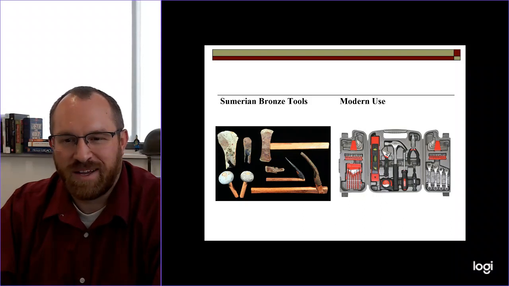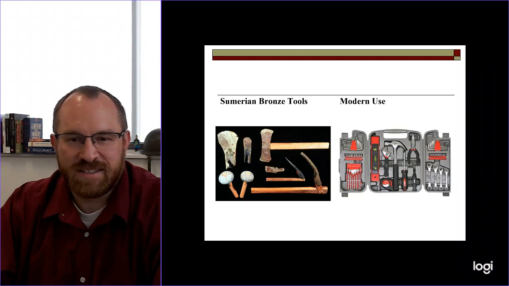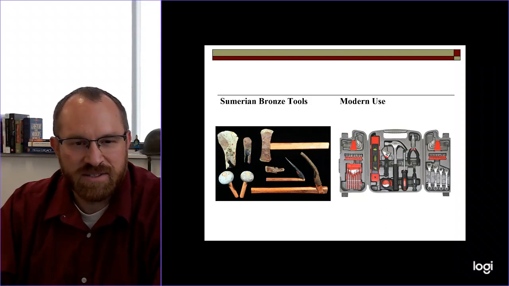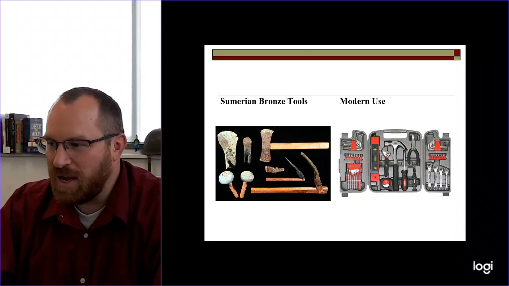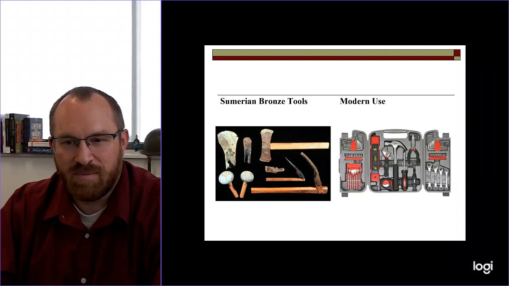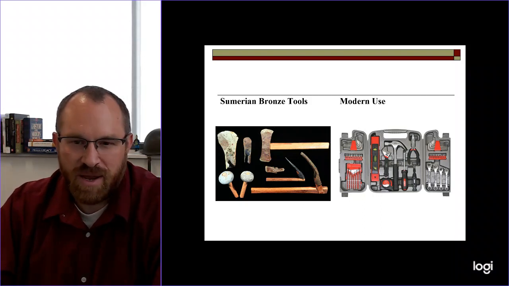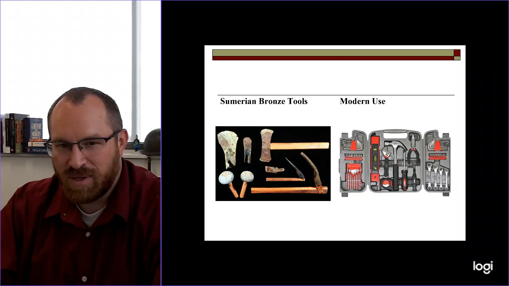But the concept of just a hammer, chisel, an axe, even the idea of pliers and stuff like that, that's been around for a very, very long time. We have just changed the materials they're made out of, or made them a little bit more effective, but it's still the same functionality.